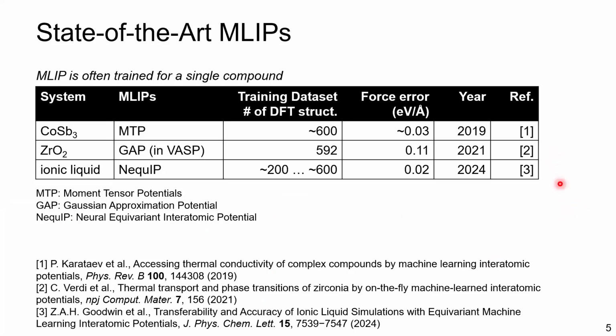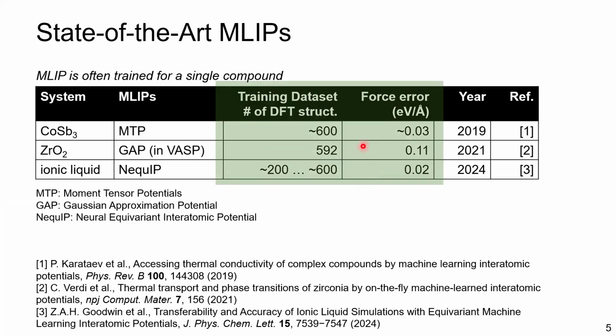So I sampled state-of-the-art works that focus on single-phase material. I want to stress there are no defects, there are no interfaces or grain boundaries, so it's a very plain problem when you have just one phase and you just model that. And your question is how accurate you are in predicting forces and energies.